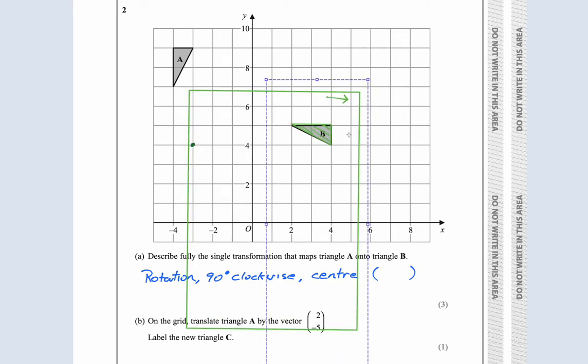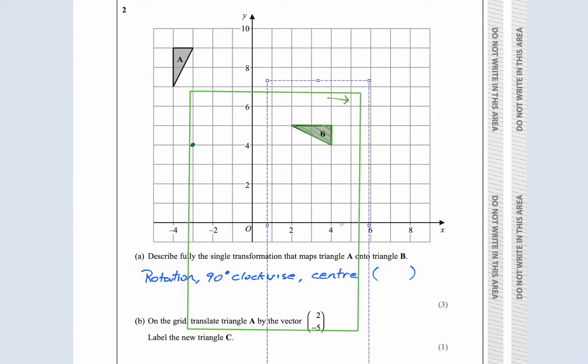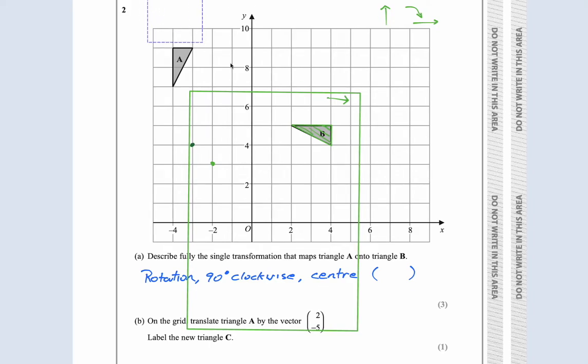And then the reason I've put the arrow is because if my arrow has now turned, it was going up and now it's turning right, you can see that's the 90 degrees. It's gone from up to right. It's 90 degrees that way, clockwise. 90 degrees clockwise, and the center is then, well, as I say, you need to figure out where the center is. It's actually -2, 3. This was the center there that you should have drawn.